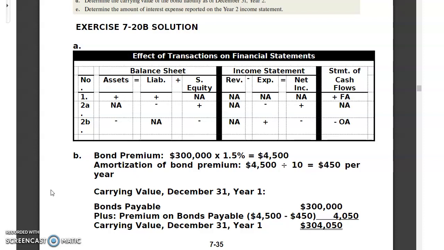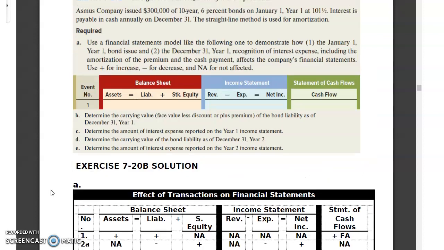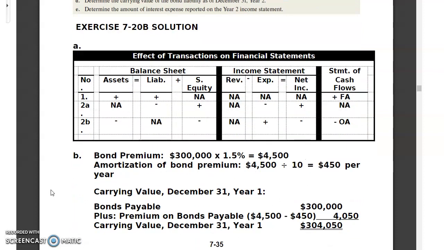Okay, carrying value at the end of the first year. Now these bonds, we sold them at a $4,500 premium. They are 10-year bonds, so we're going to amortize that over the 10 years. In this case, we're doing 1 year's worth, $450.